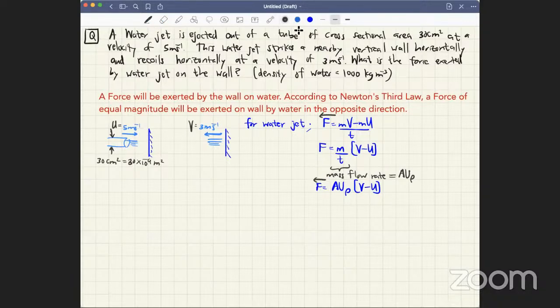Okay, right. Now let's try substituting the values. F equals, what should I substitute for A, people? For area I should substitute 30 into 10 to the power minus 4, into, for velocity, I have to put 5, and for density I have to put 1000. Inside the bracket, what number should I substitute? 3 minus what? 3 in this direction minus 5 in this direction.